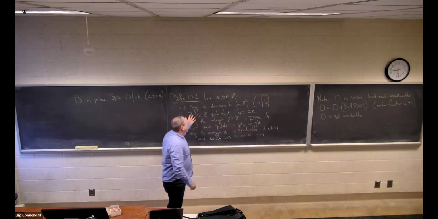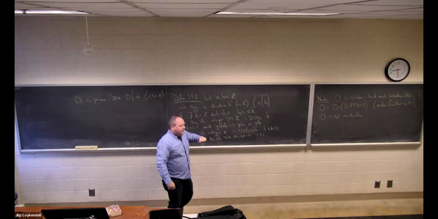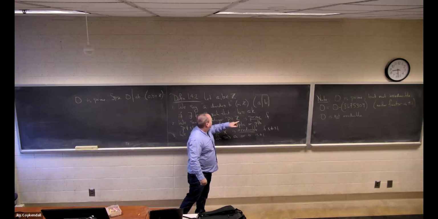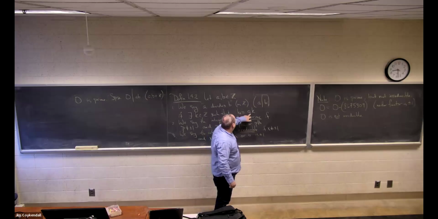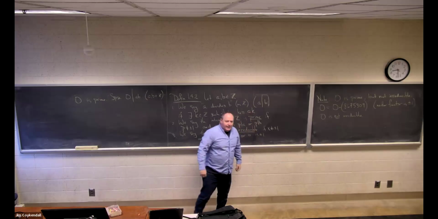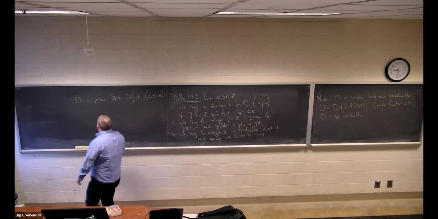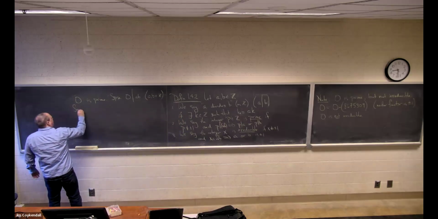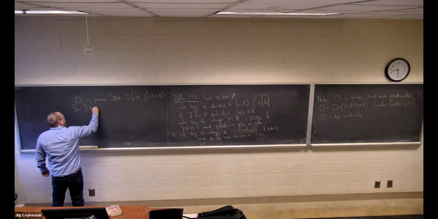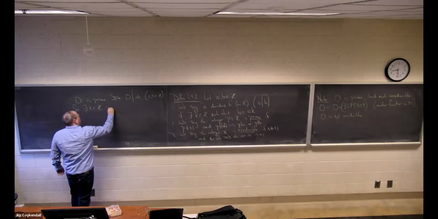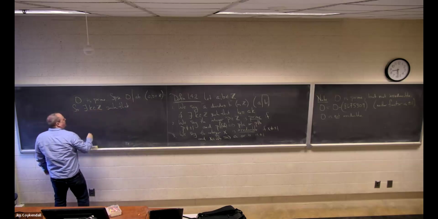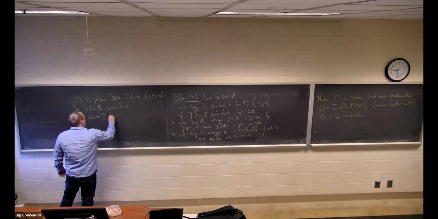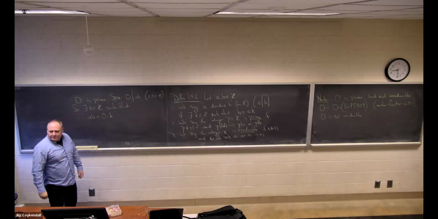Let's read the definition. There's a K such that AB is 0 times K. Everybody agree with that?